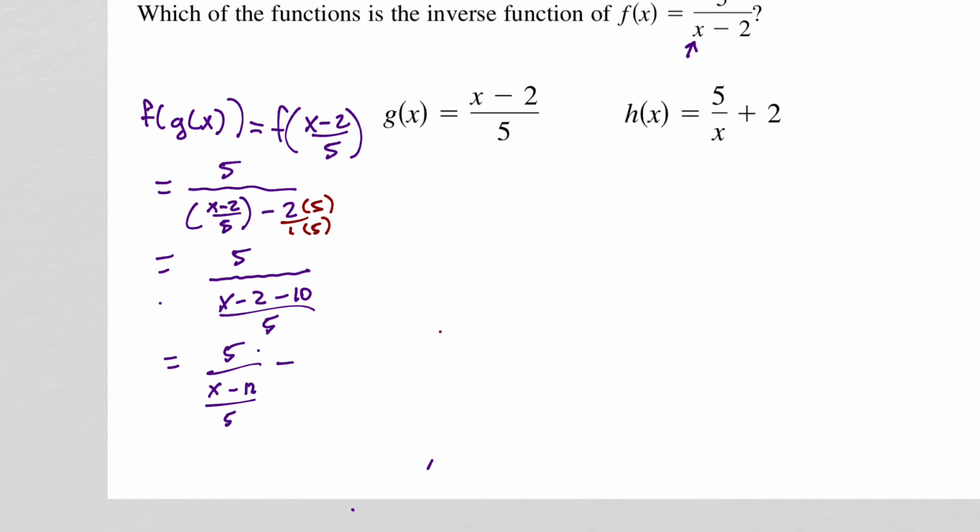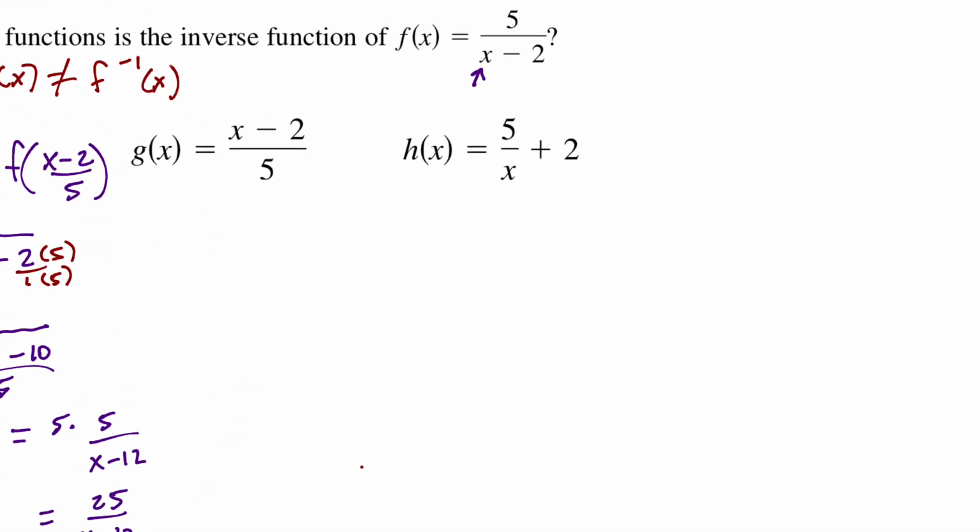Divide by a fraction, I'm going to flip and multiply. So this is going to be 5 times 5 over x minus 12, which is 25 over x minus 12. This is not getting any simpler. And at this point, this clearly does not simplify down to just x. So we can definitely say that g is not the inverse of f.